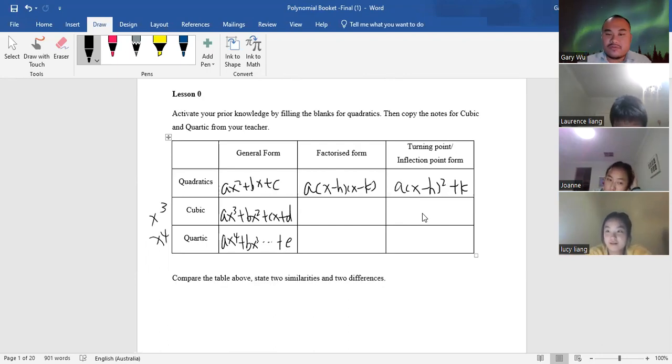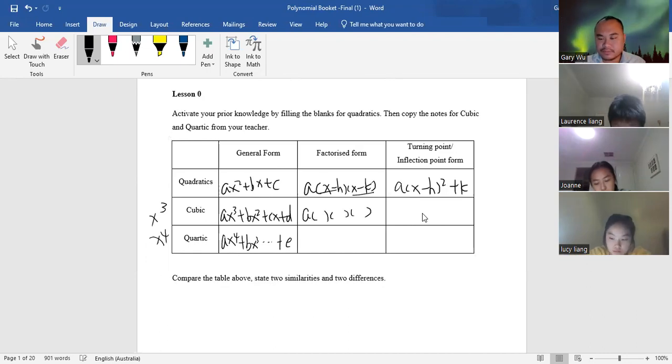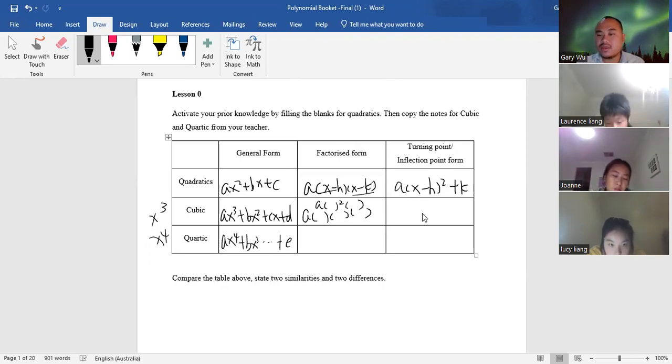Okay. All right, for factorized form it's the same. We have two terms here for quadratics. Therefore, for cubic, we should have 3 terms, right? Or we can also have a bracket squared if 2 terms are the same, and then the other one.